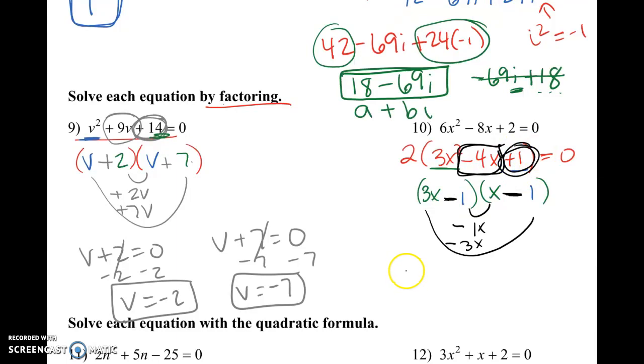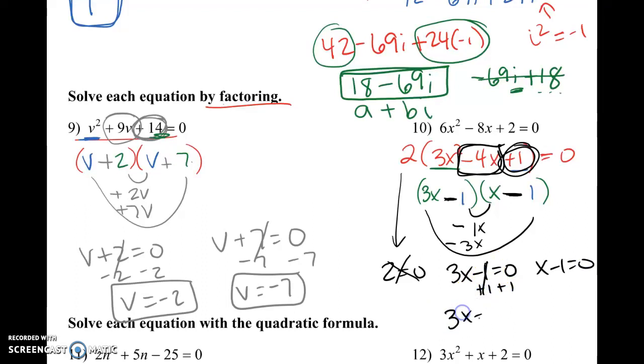So if I set each of these factors equal to 0, I would have this one here, 2 equals 0. Well, no, there's no x in there to solve for. How about 3x minus 1 equals 0 and x minus 1 equals 0? And I solve these. Add 1 to both sides. 3x equals 1.